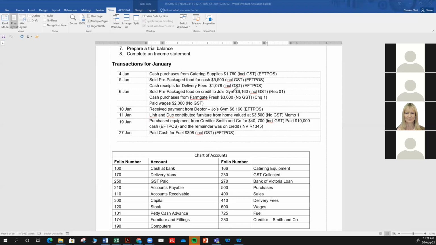So prepackaged food on credit. Again, where do we debit and where do we credit? When you sell something on credit, where does this go to?